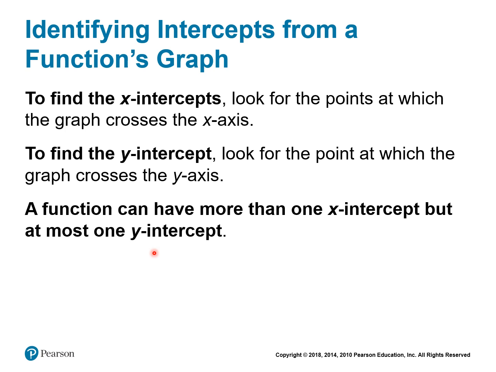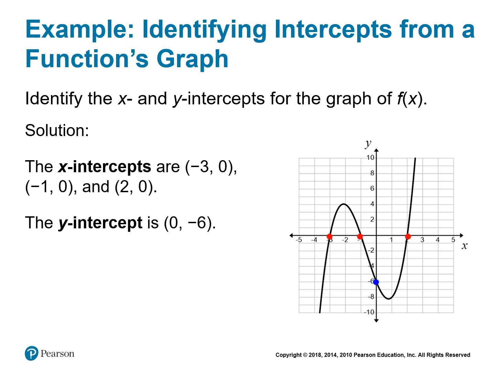Otherwise, it's not a function if it is intersecting the y-axis more than once. So a function can have more than one x-intercept, but at most one y-intercept. Here's an example of how to identify the x and y intercepts from a function's graph.